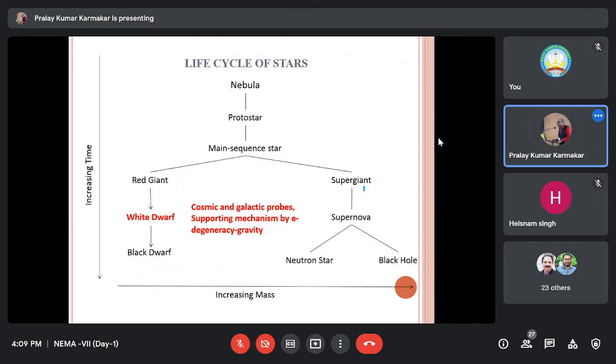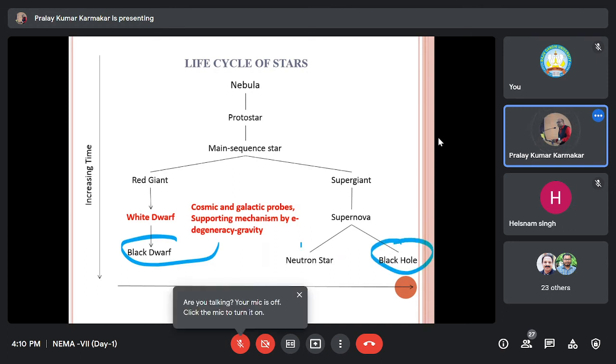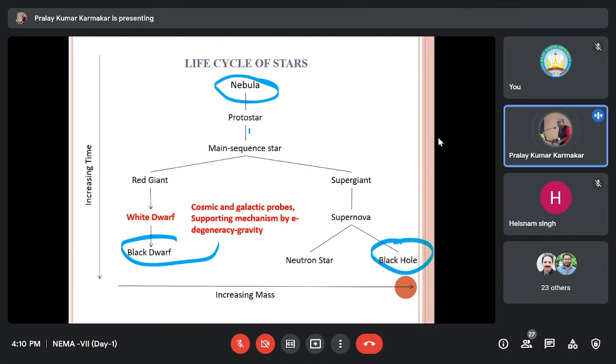Okay, fine. Everybody knows the life cycle. So again, I repeat one piece of information: the compact astrophysical objects, whether a neutron star, a white dwarf or even a black hole, are the results of instability in gaseous nebula. At the same time, we can say that these are the end results of stars or supernovas, depending on the initial masses.